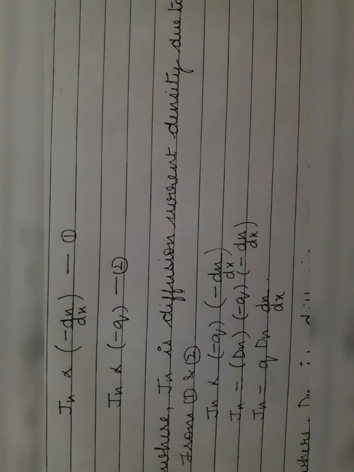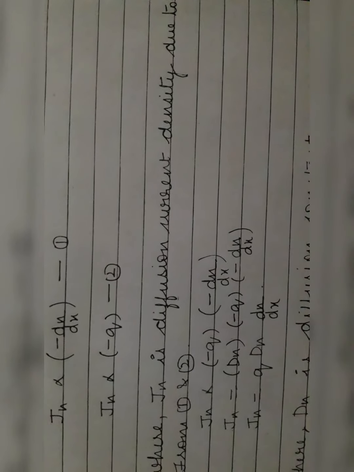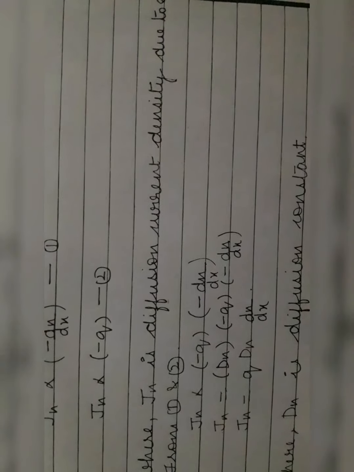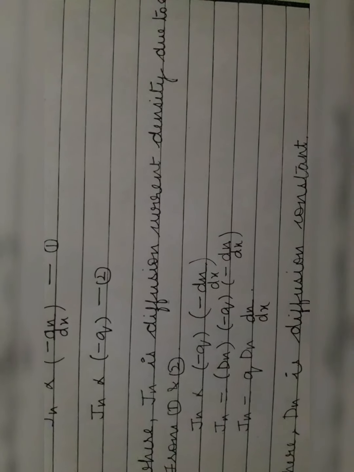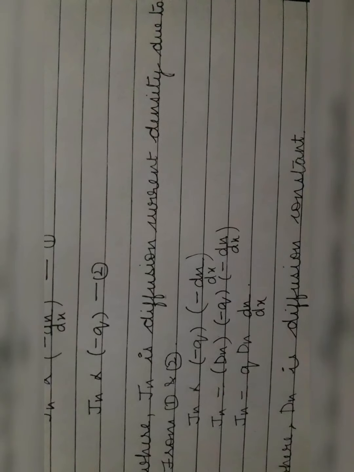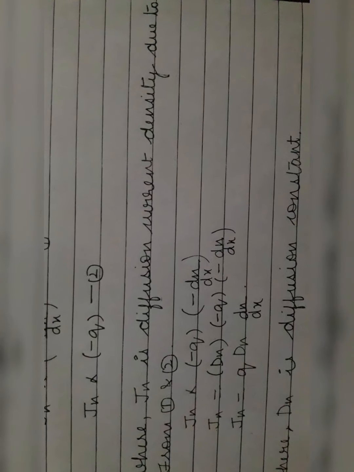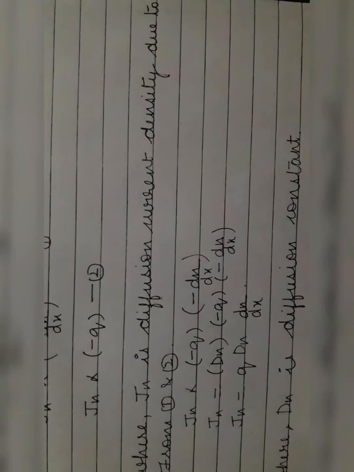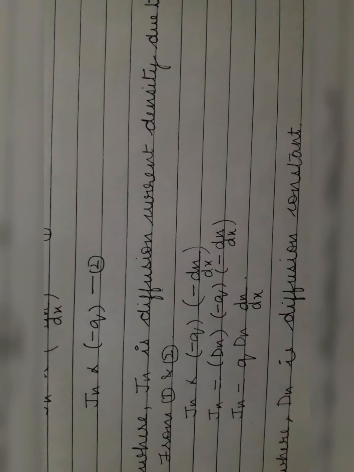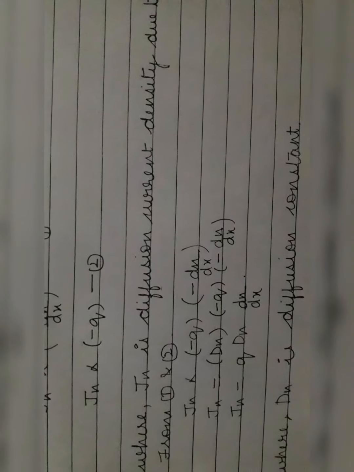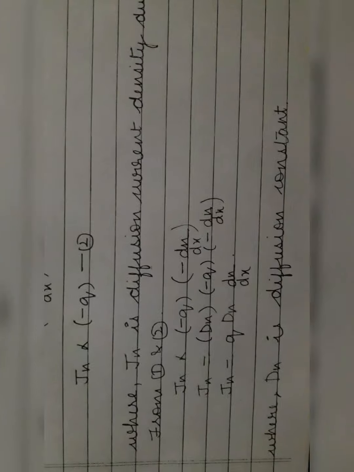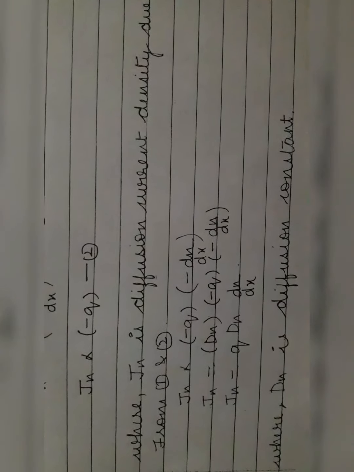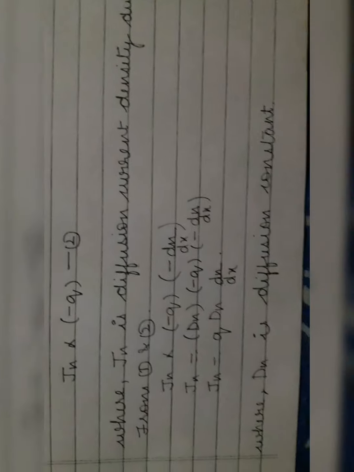From equations 1 and 2, Jn is directly proportional to minus q multiplied by minus dN by dx. Jn equals q Dn dN by dx, where capital Dn is the diffusion constant.